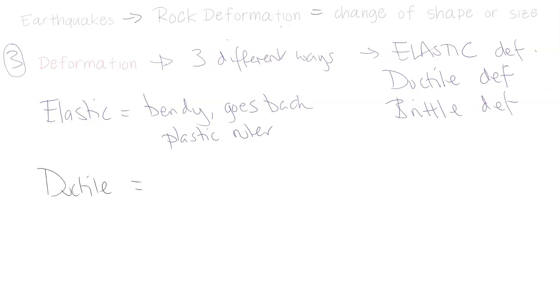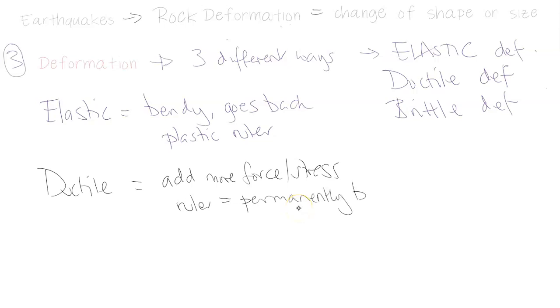And then we get ductile. Ductile is exactly that. You add more force or stress to the ruler, and you permanently bend the ruler, and it does not go back to its original shape.